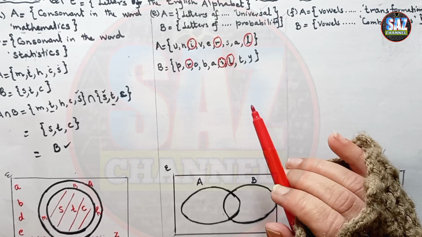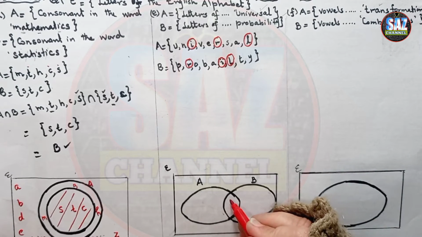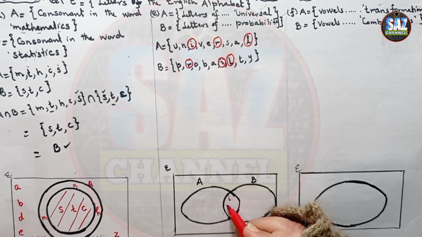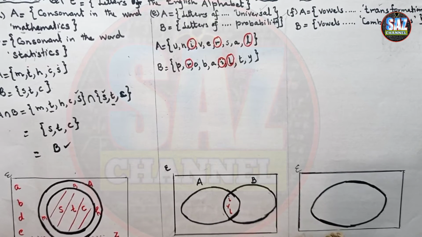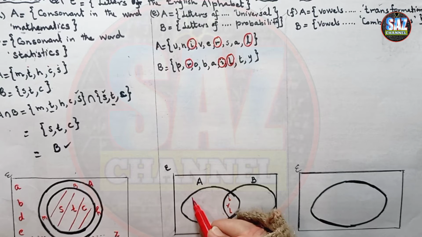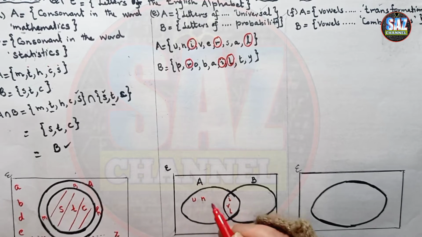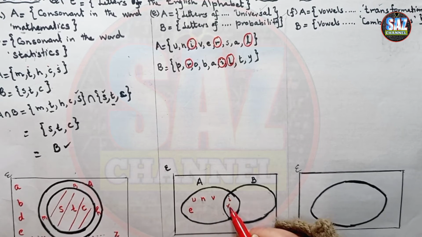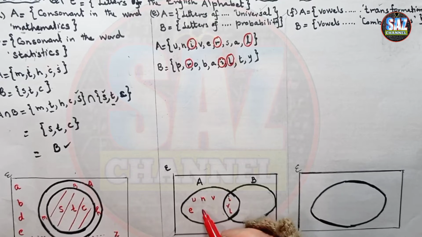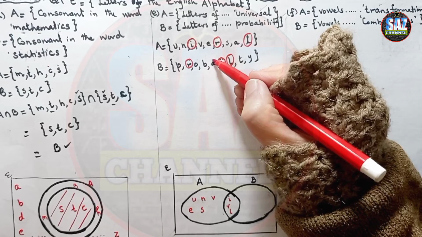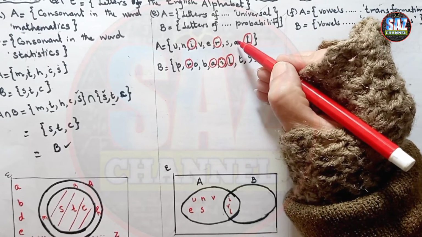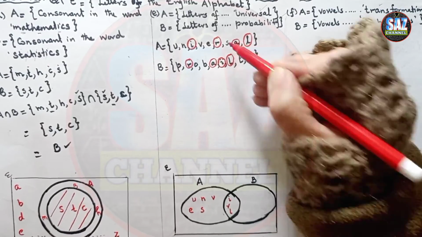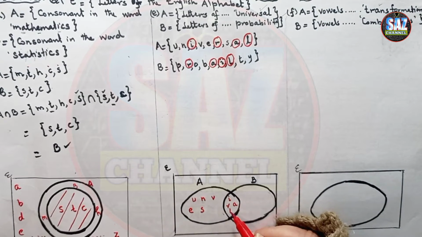So it's important to understand what type of relationship there will be between the sets. It will be the overlapping relationship, and I will write I, R, and L at the overlapping portion, and the remaining elements of set A, that is U, N, V, then E, R I have written over here, E, R, S, and then A as well. A is common. So I will write A as well at the intersectional portion.